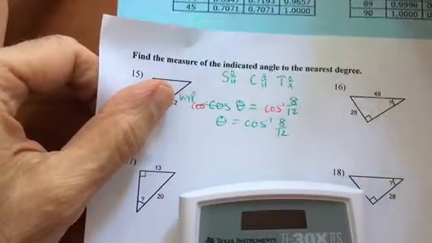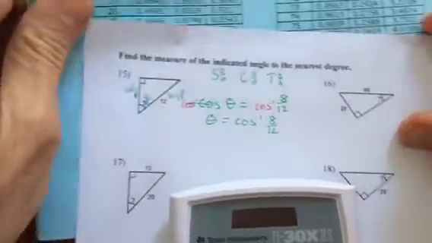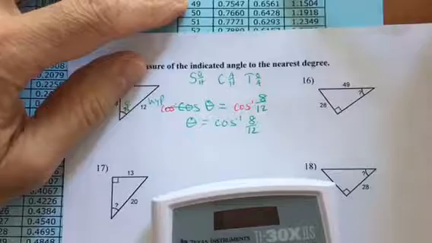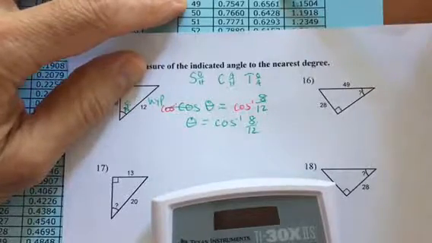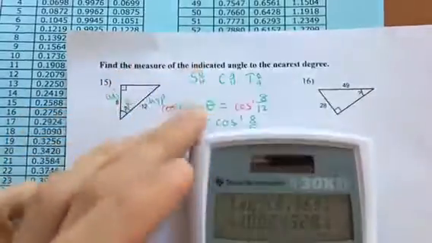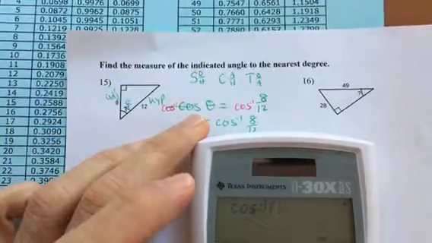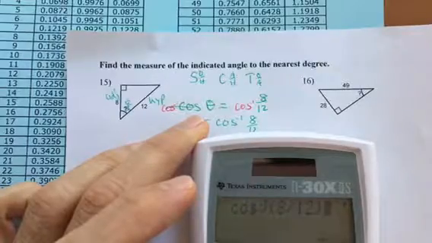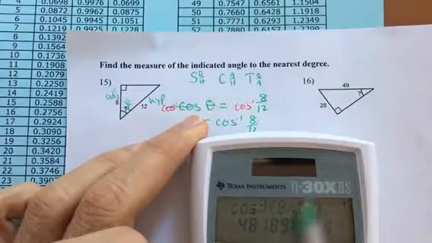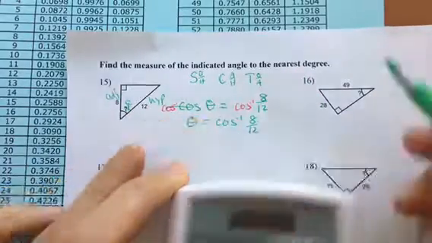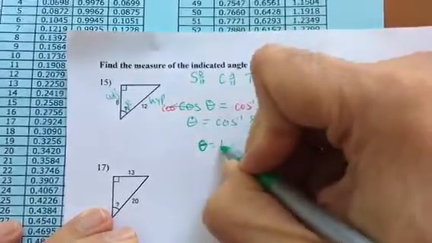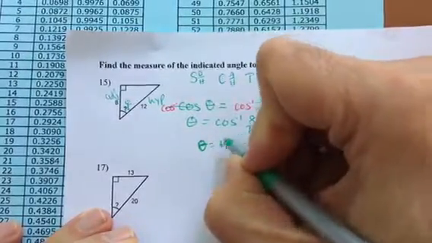It's going to be closer to 48 degrees than 47, but it's between the two. So, inverse cosine 8 divided by 12. 48.2. Well, it says nearest degree, so I'm just going to call it 48. So theta here equals about 48 degrees.